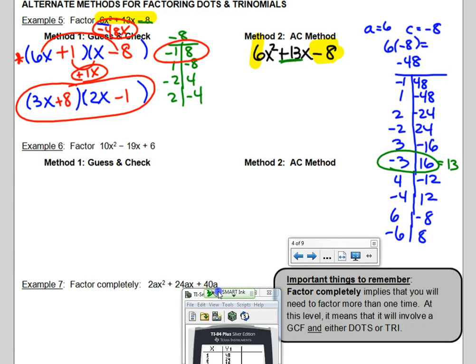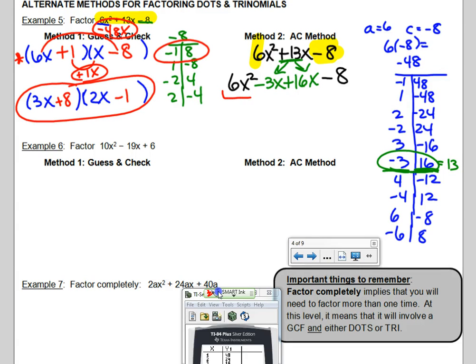So what we're going to do is keep the 6x squared, but now we're going to split 13x up into the two numbers we picked, so -3x and +16x, and then keep the -8. So all we did was split the middle term. That still makes 13x, but it just looks different.